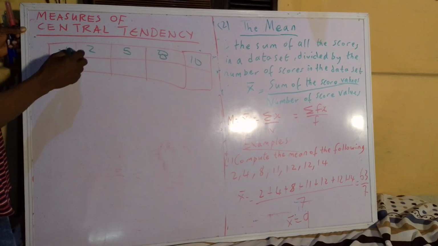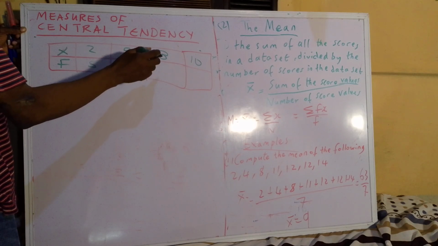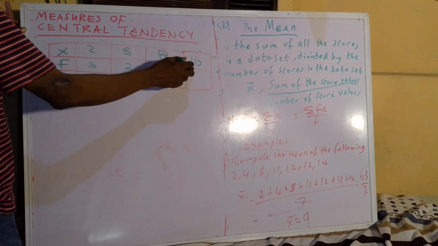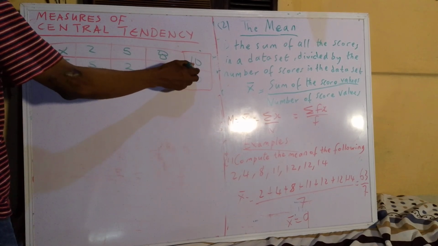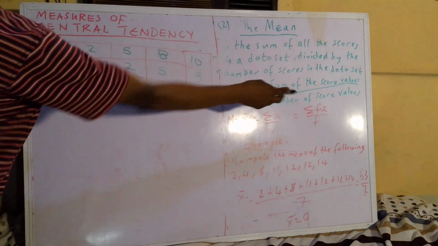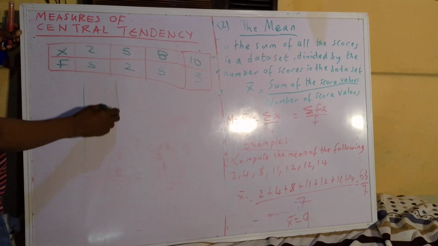Then you have frequencies 5, 2, maybe 5 again, then maybe 3. These are the frequencies. So to answer this question, that's when you use the second formula. You understand? So you now draw something like this.